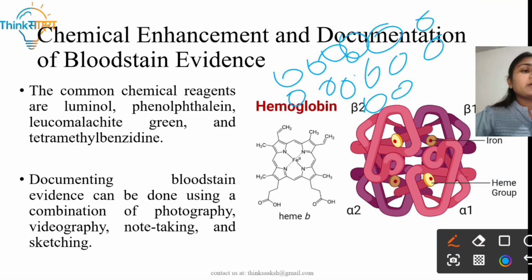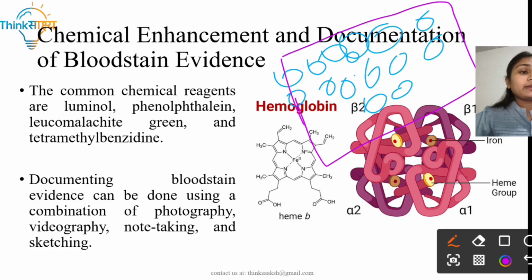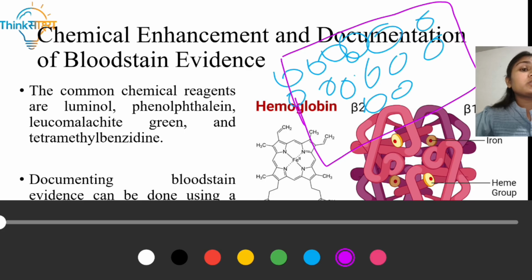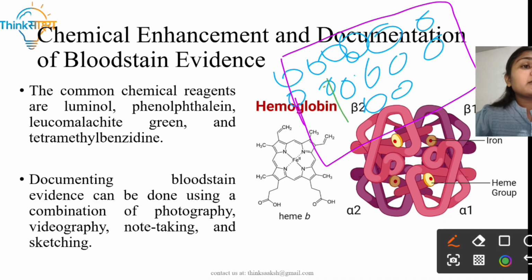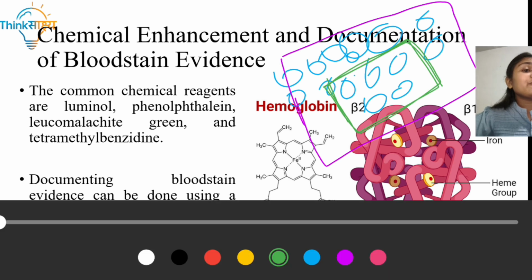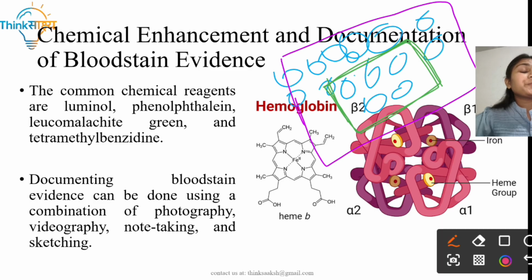If we need to do the photography for the far range, we will cover this whole blood stain pattern. If we need to do the photography of mid range, then we will cover this much. If you can see the green color, please distinguish it, this much. And if we need to do the close range photography, we will consider only 1 to 2 drops in that area.